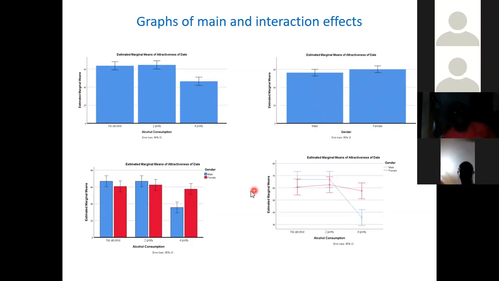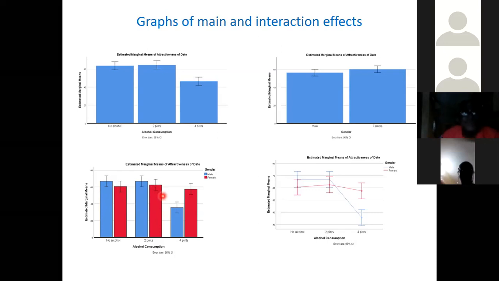But these two graphs down, one is a bar chart, one is a line graph, they are looking at the interaction effect of the two. If you compare, under no alcohol, you can see that the red is female, and the female score lower than male.